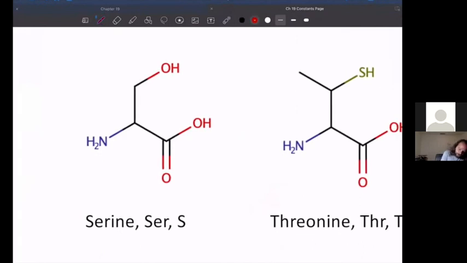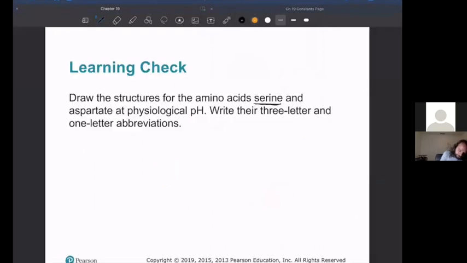We have our alpha carbon attached to one other carbon and then a hydroxyl group. I'm going to remember to put my carboxylate and my ammonium.